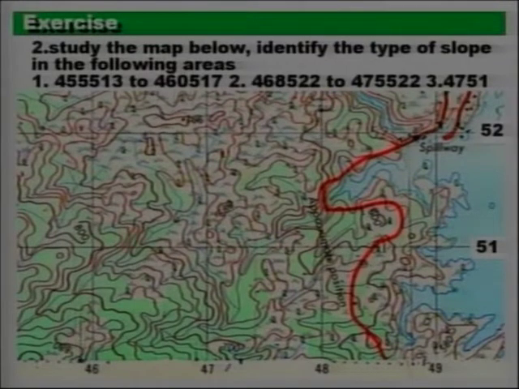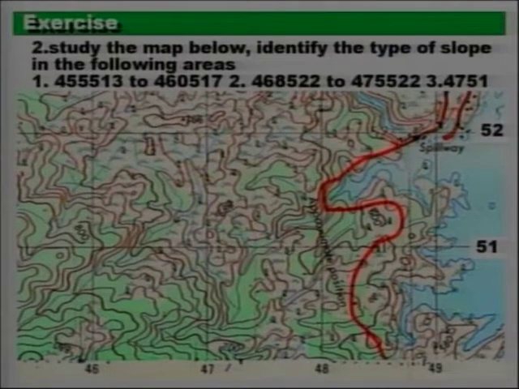At the top of that feature, the contours are further away from each other. At the bottom, they are close together. Therefore, our answer as given by Gideon was concave, and that is not correct. It is supposed to be a convex slope.